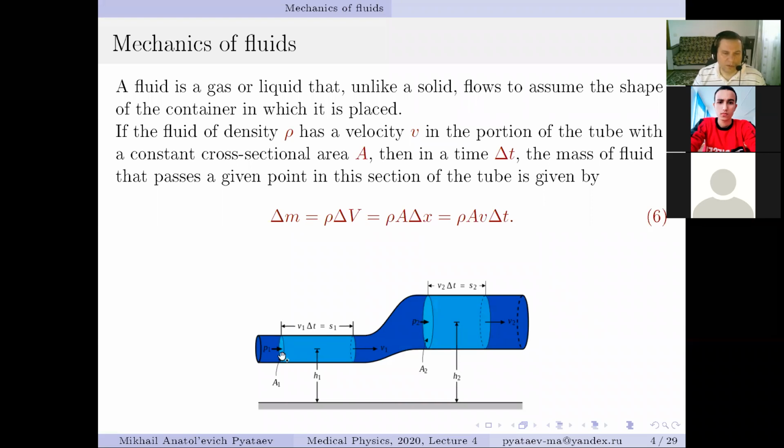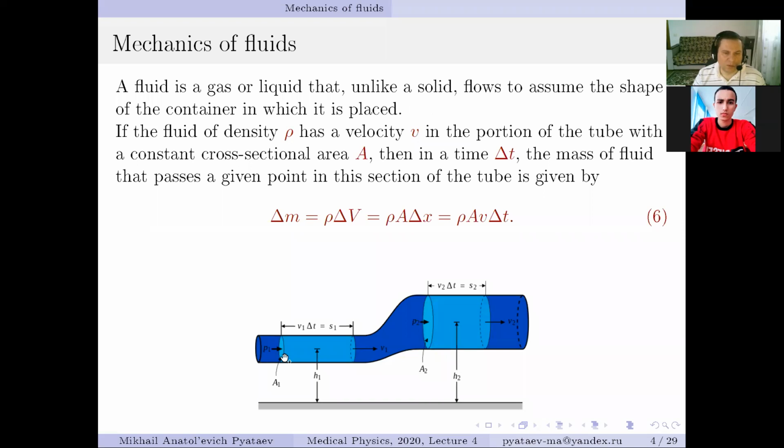For example, if the cross section equals A1, then the volume of liquid which passes through in time delta t equals the volume of this cylinder with the base A1 and height or length equal to V1 delta t, where V1 is velocity of the liquid in this part of tube.